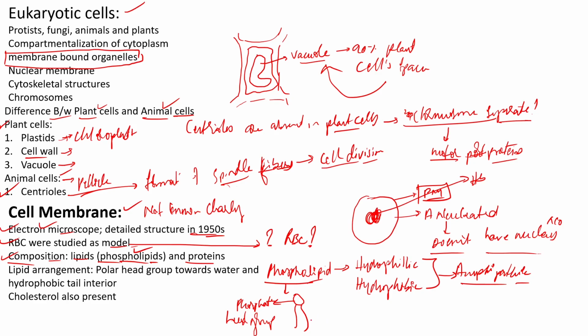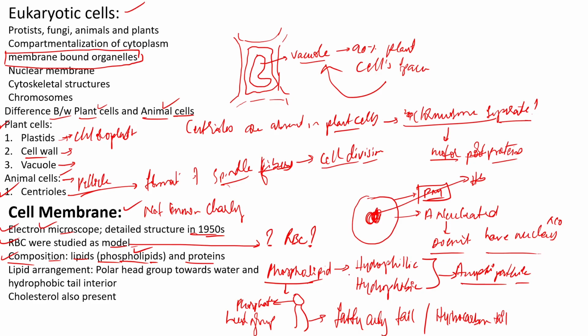Two tails, and these tails are called the fatty acyl tails, or sometimes the hydrocarbon tails. They have mentioned hydrocarbon fatty acyl chain or tail in your textbooks. So let us go with that point over here.